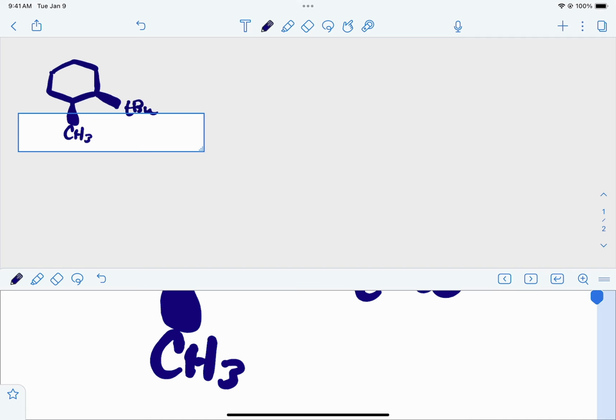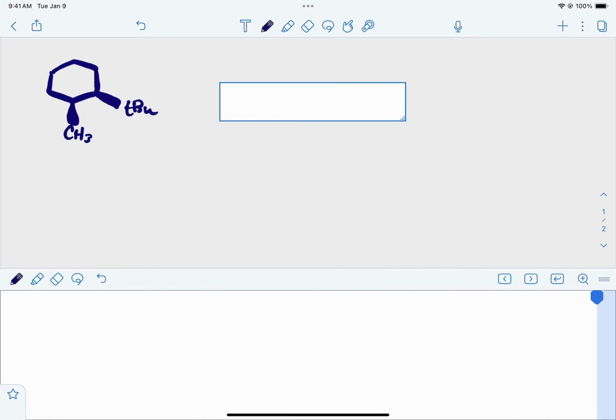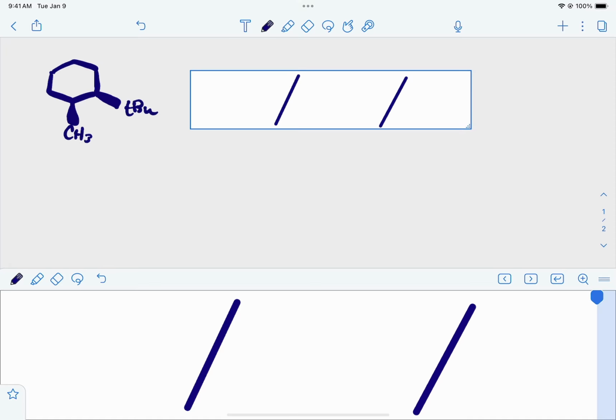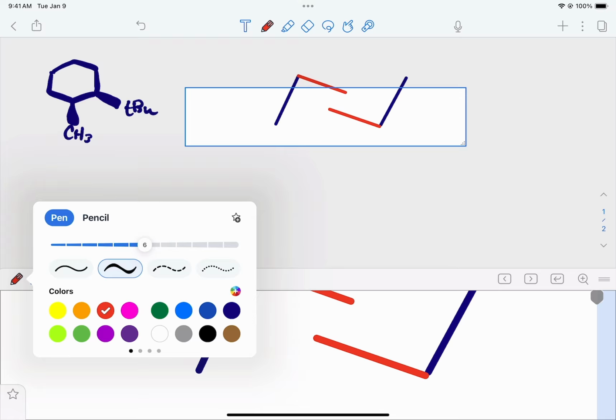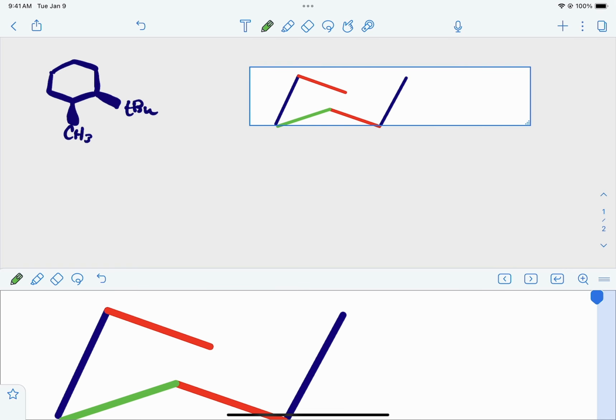Okay. And same process as before, right? First, we'll draw our chair. And I'll go through it a little bit more quickly this time. So one set of parallel lines. Two sets of parallel lines. And then three sets of parallel lines.